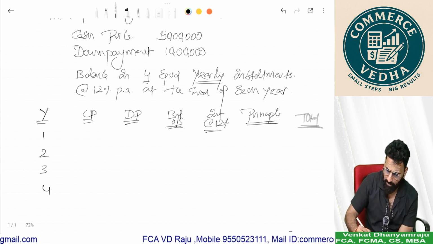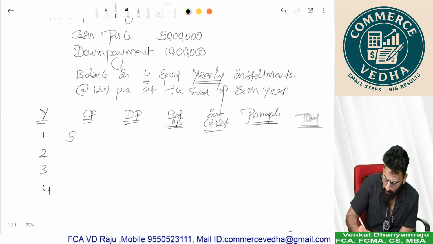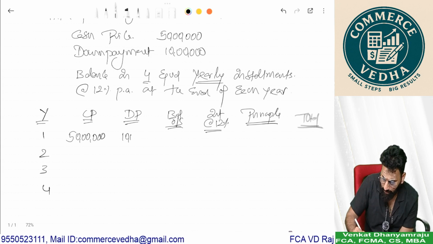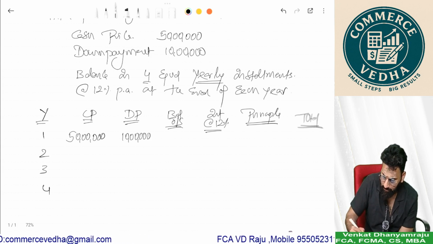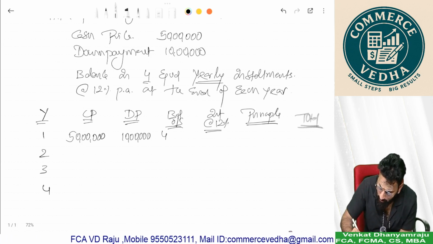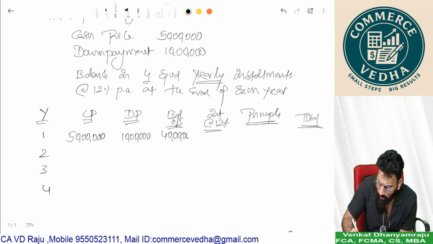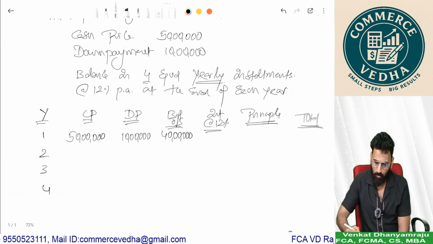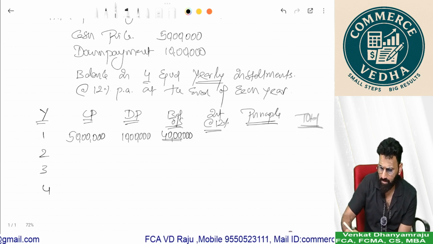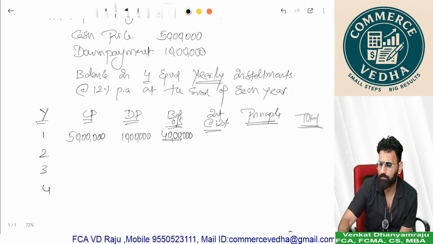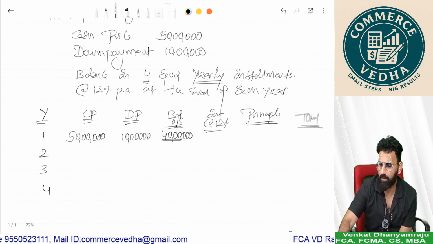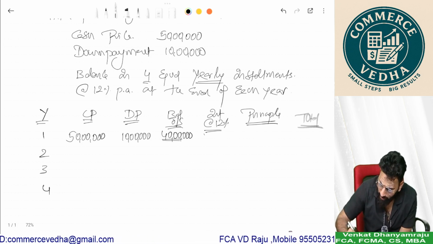So year 1, the cash price in the question is 50 lakhs, down payment 10 lakhs. So balance at the beginning of year 1 is 40 lakhs. So from here the interest starts. Interest is on 40 lakhs, which is 40 lakhs into 12%, 4,80,000.